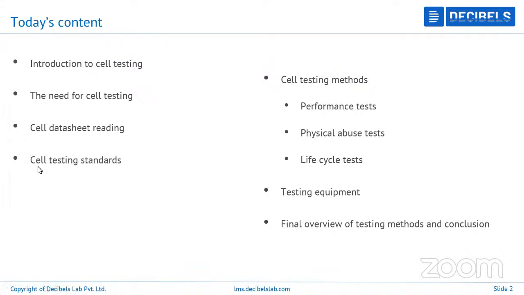Finally, we'll look at the cell testing standards, like ISO, UL, and the others. Then cell testing methods, which we'll classify into three: performance tests, physical abuse tests, and life cycle tests. For each of these, we'll look at some example tests that are categorized under them.